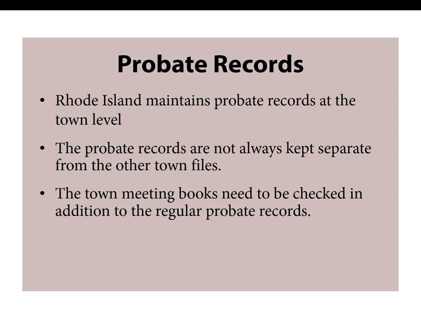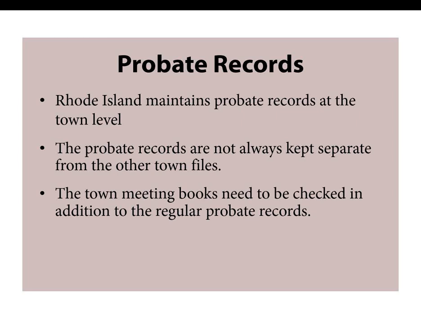Now, the good news, and what you've probably already figured out from some of the answers to questions, is that Rhode Island maintains their probate records at the town level. Pretty much everything except for court records is maintained on the town level when it comes to Rhode Island. What this means, though, is that the town clerk's got a lot of books he's got to shuffle. So sometimes he may not always put things in the right book.